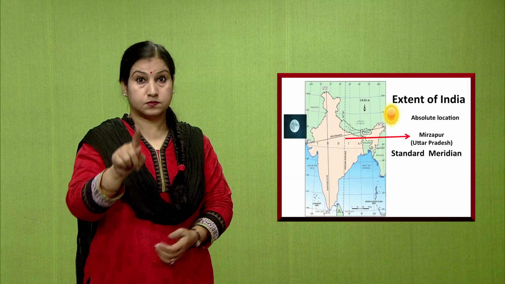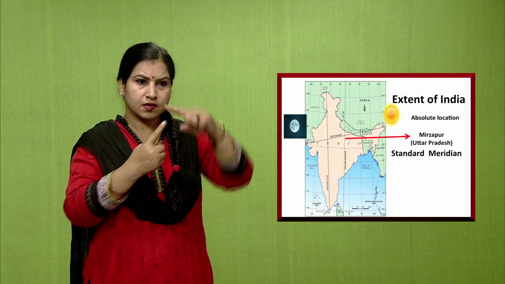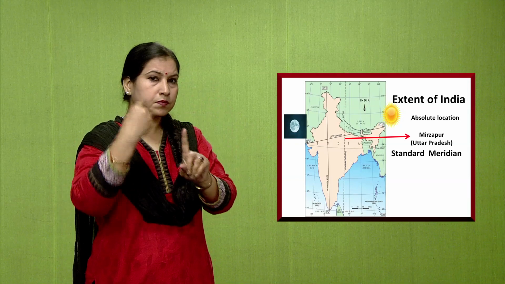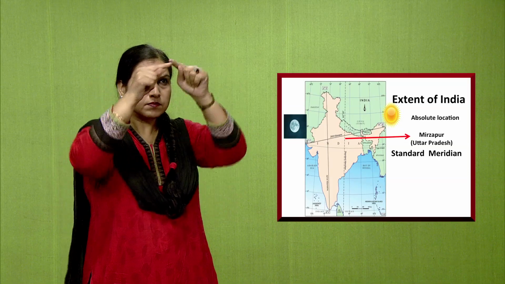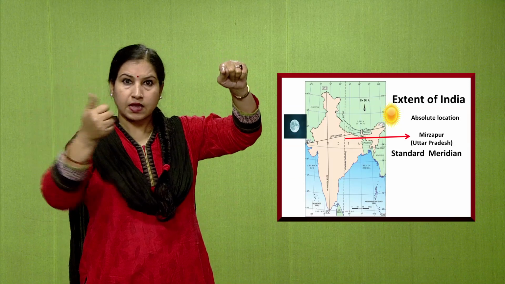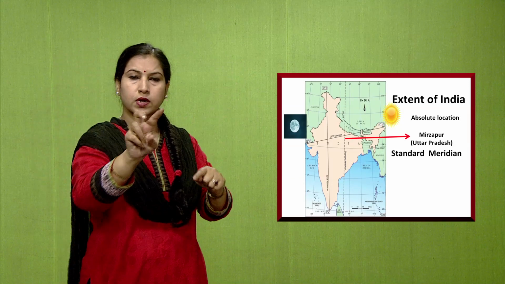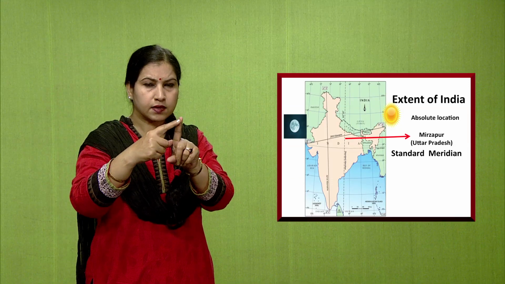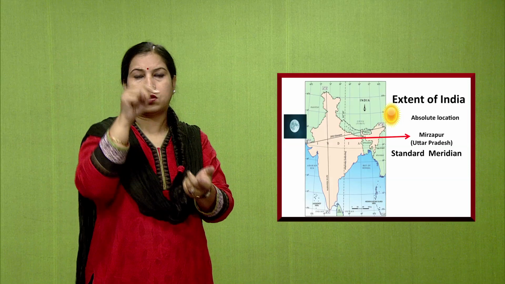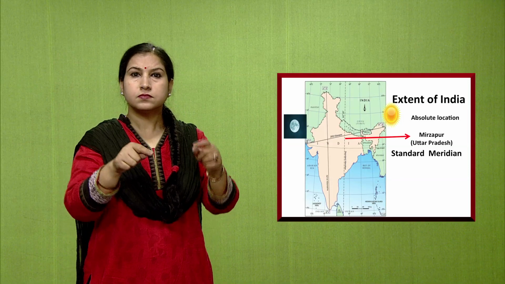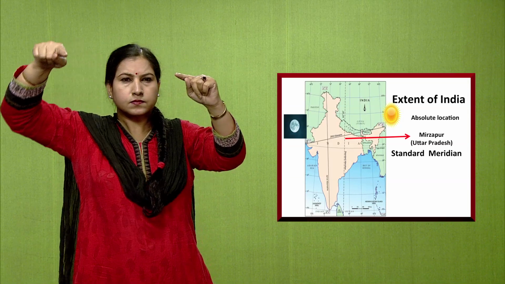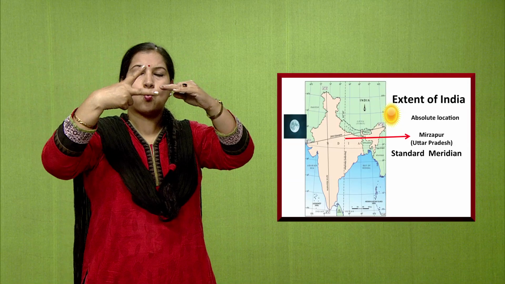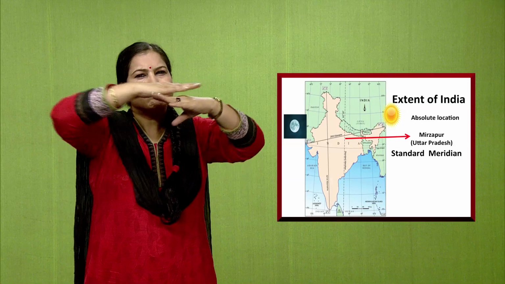You can see the Tropic of Cancer. This is 23 degrees 30 minutes north. It passes through the center of the country and divides the country into almost two equal parts.